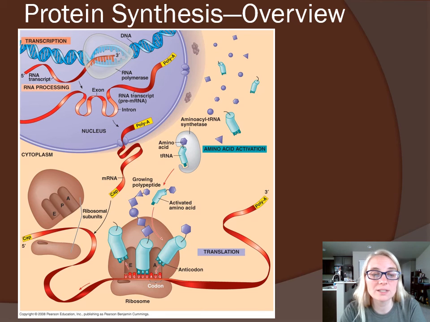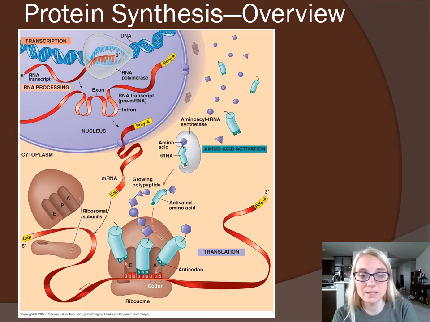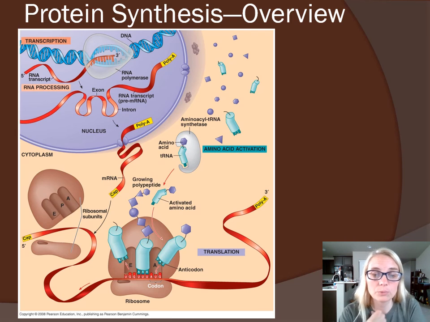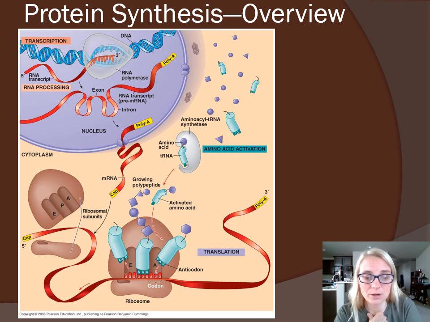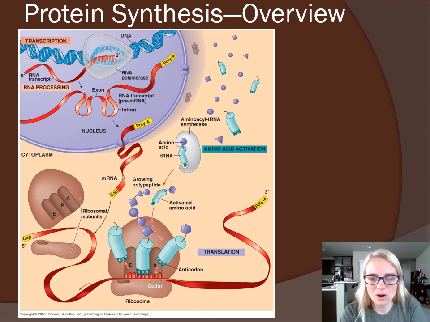It shows the master blueprints kept in the nucleus. It shows the process of transcription happening off of the DNA, and the RNA processing, removing the introns, keeping the exons. We have the 5' cap and the poly A tail as our little squiggly ribbon of mRNA comes out into the cytoplasm. In this case, the tRNAs are those bluish green tubes.